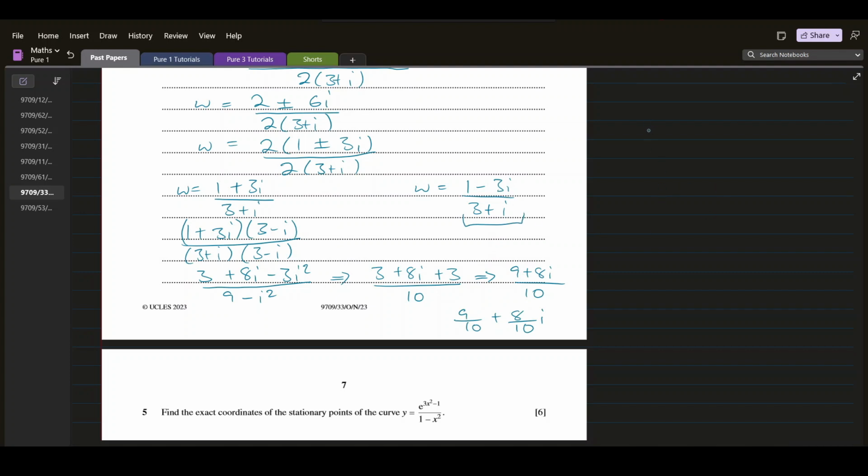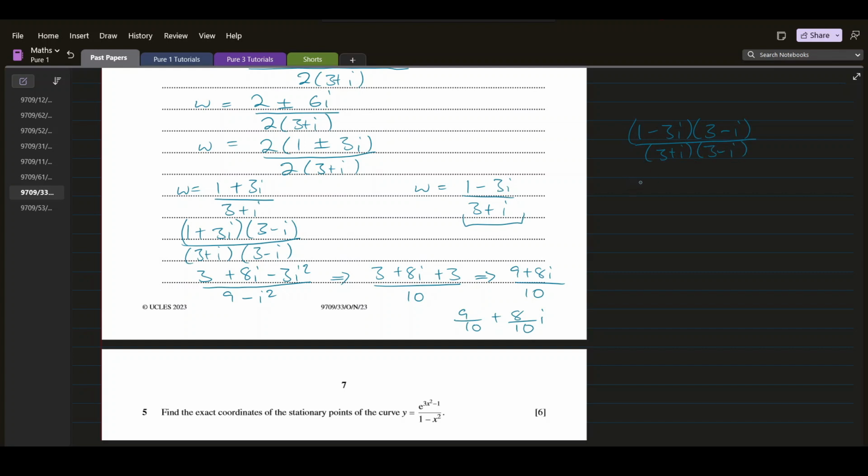So let's do this on the side. So that's 1 minus 3i, and we're going to multiply by the complex conjugate of our denominator, 3 plus i. So that becomes 3 minus i, and this is over 3 plus i times 3 minus i.